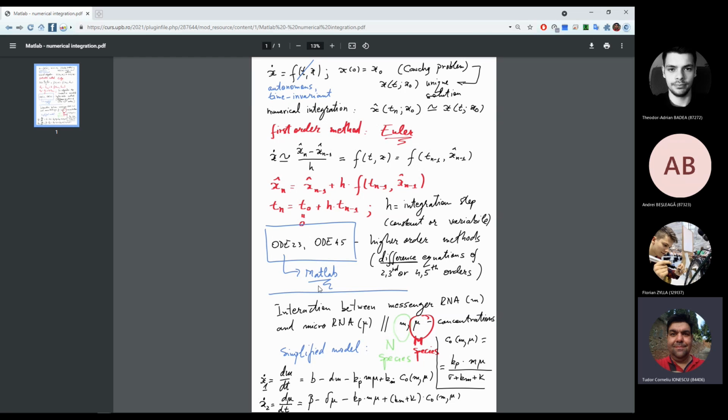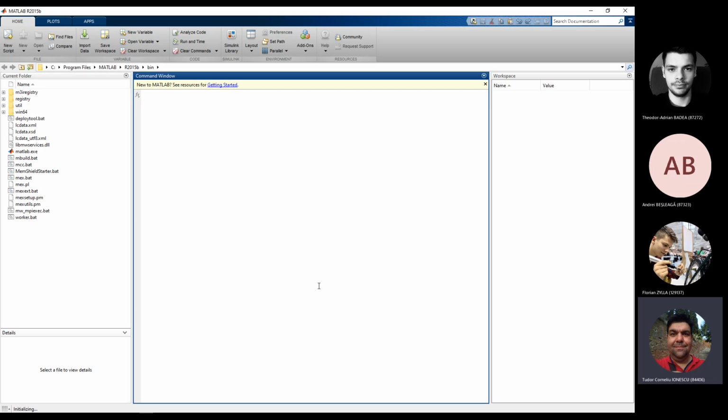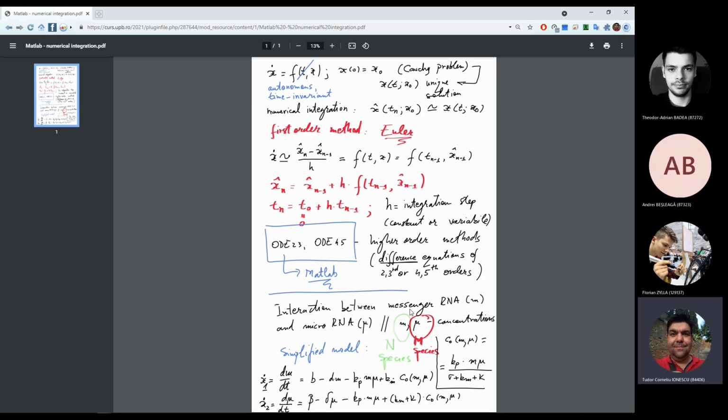Coming back, I told you that my colleague Professor Radu Ștefan is working on biological systems. For instance, he shows here an example of the interaction between the messenger RNA and the microRNA.